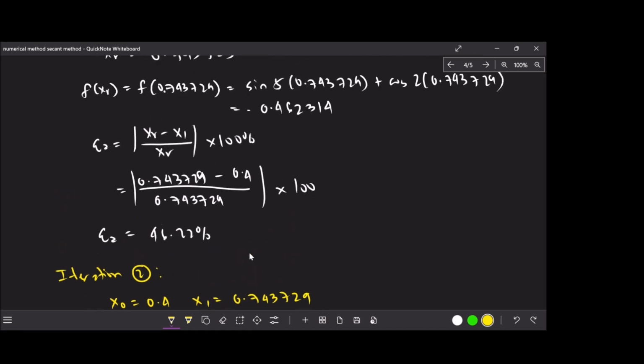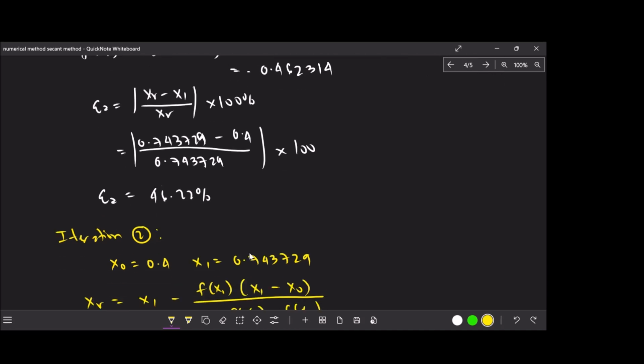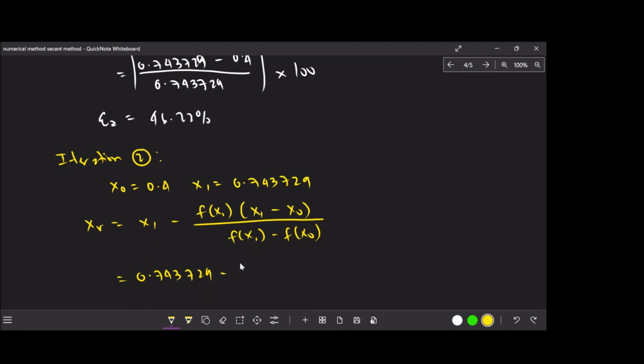So that is negative 0.462314. So we have negative 0.462314.